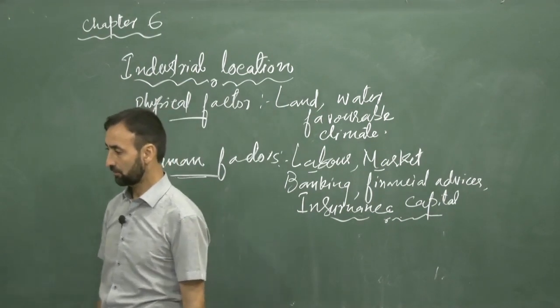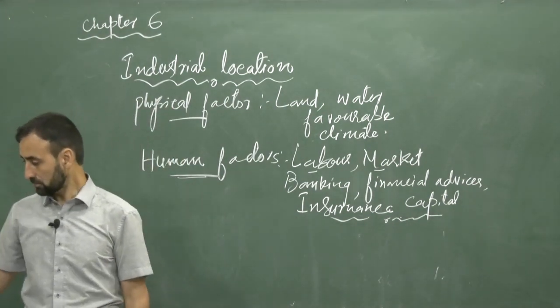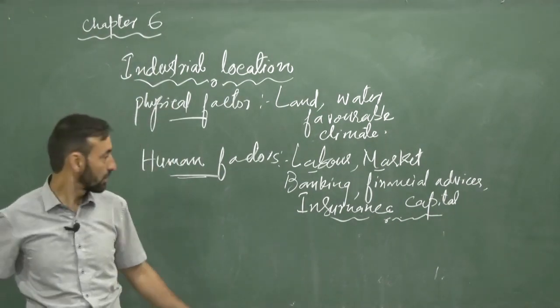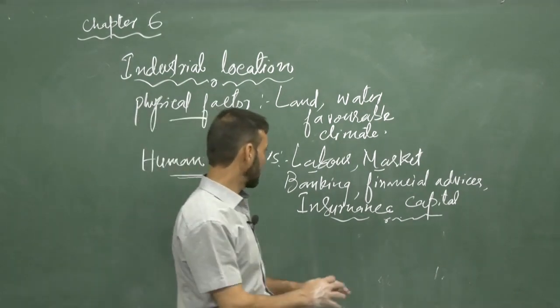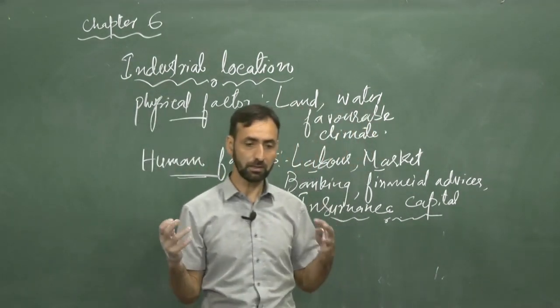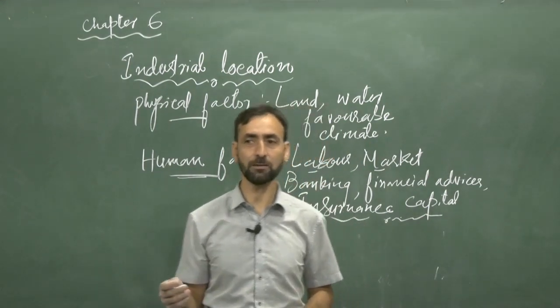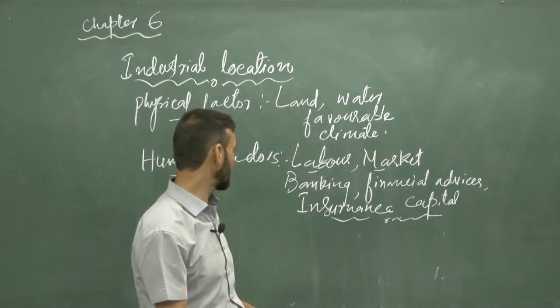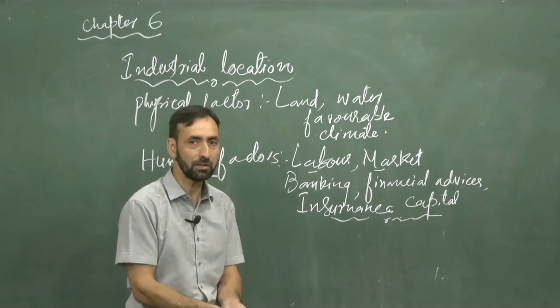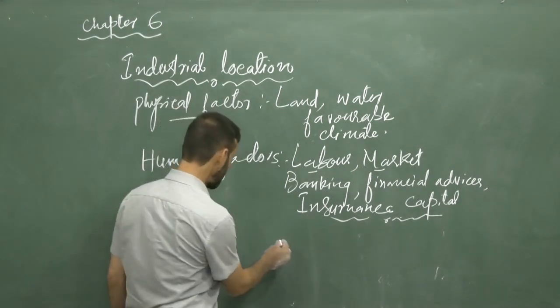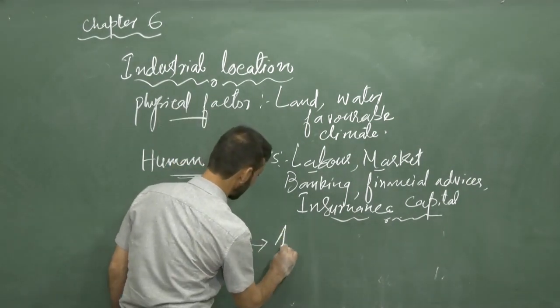Now, industrial location should be very feasible. There are places where most of the industries are established in one place, or a cluster of industries. Such a cluster is known as agglomeration.